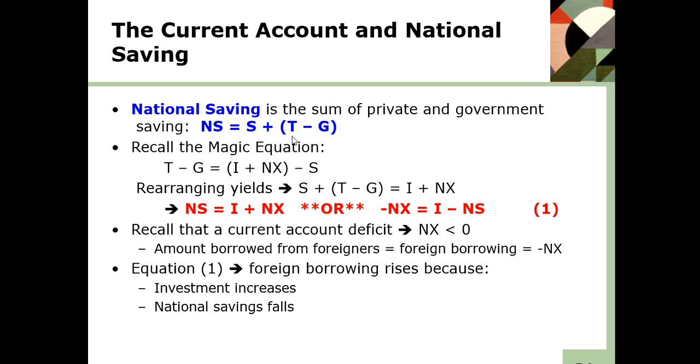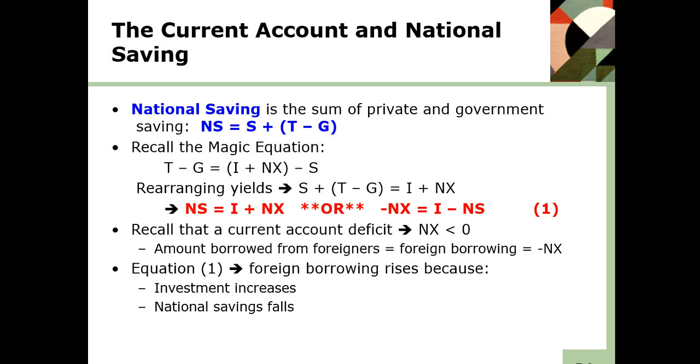Now if we remember the magic equation, T minus G equals net I plus investment plus net export minus national saving, private saving, sorry. So we rearrange this equation and we end up with this. So by borrowing, the current account would be normalized.